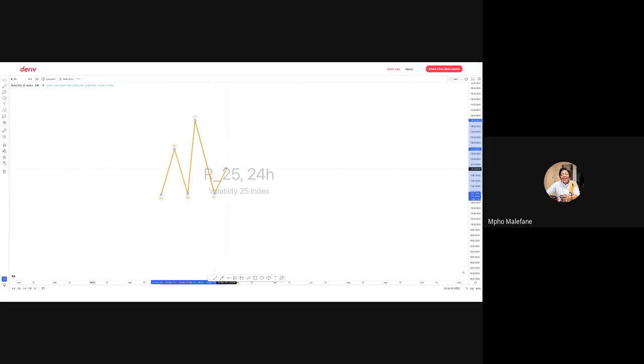So for instance, let's look at head and shoulders. This was resistance, support. It broke it out. Instead of retesting it here and continuing like this, it broke this resistance, it broke inside the support. Came like this.